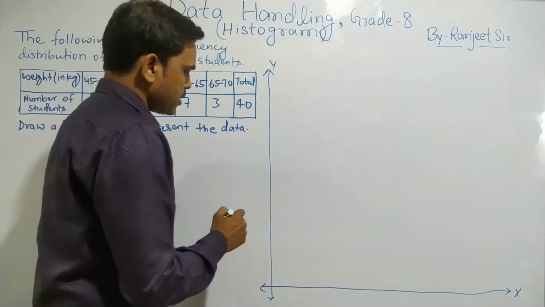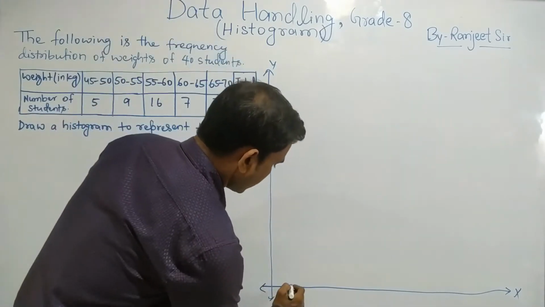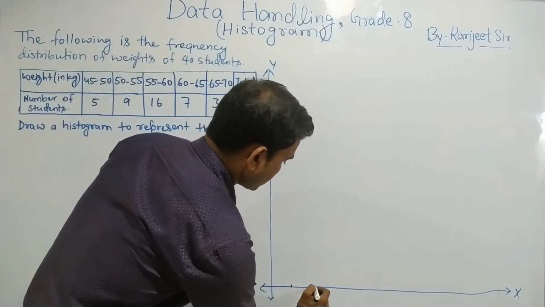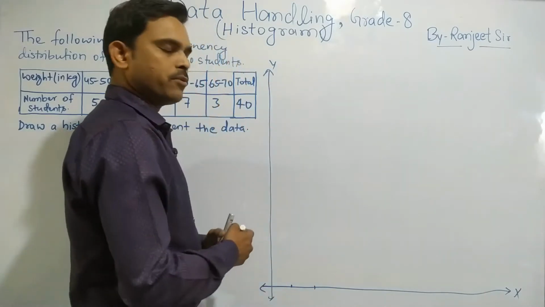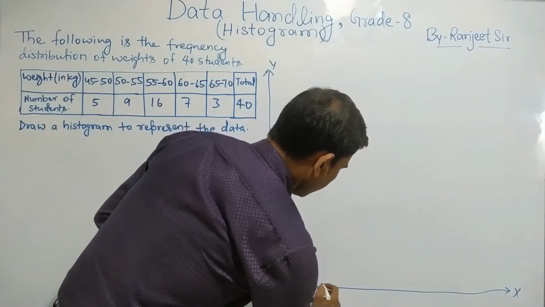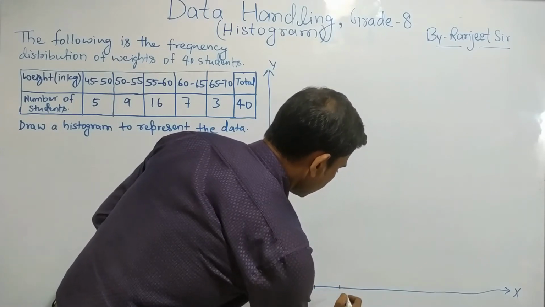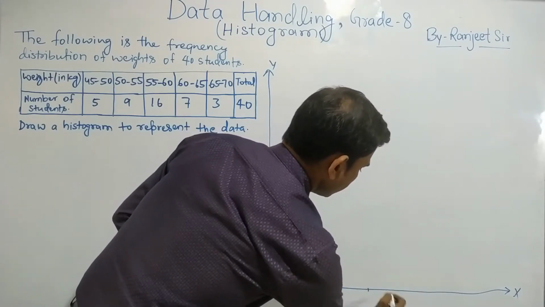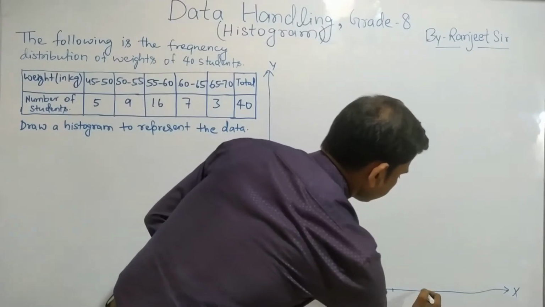On the x-axis and y-axis, we'll divide it equally. If you are using a bar graph paper, this division will already be done, but on a plain sheet it is required, you divide it equally.